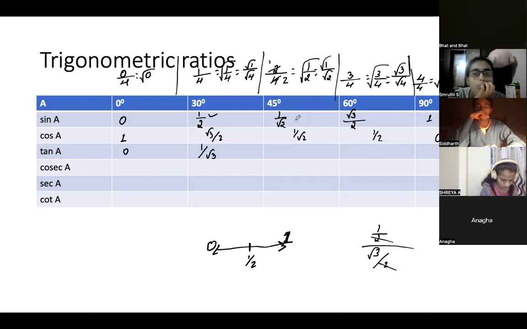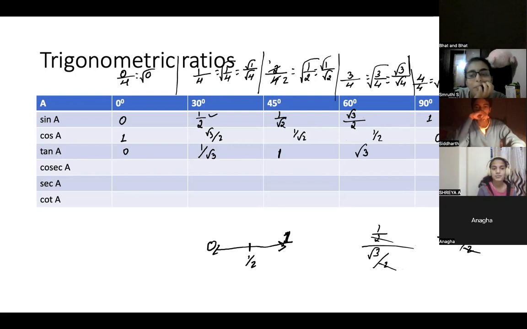And now these two, everything gets cancelled. Answer is 1, right? Here, root 3 by 2 whole divided by 1 by 2. Now again, 2 and 2 get cancelled. What is remaining? Root 3. Now 1 by 0.